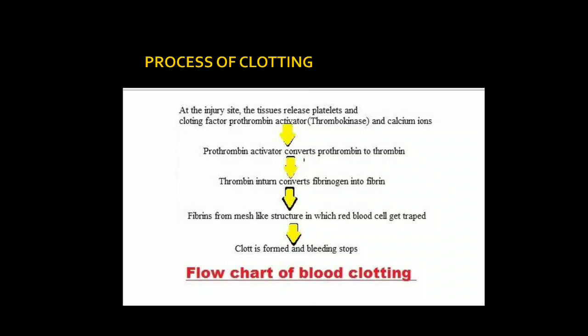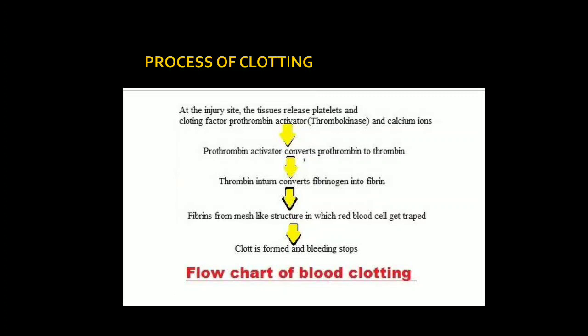See the second line of the flow chart. First the tissue releases platelets and thrombokinase. Now this thrombokinase converts prothrombin into thrombin.